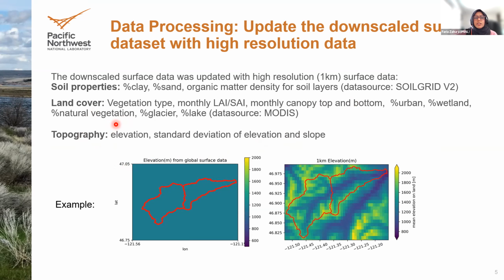And we also updated the topographic information that includes elevation, standard deviation of elevation, and slope. And here's just an example showing the elevation from the global surface data and the 1 kilometer elevation that we later use to update our surface data set.